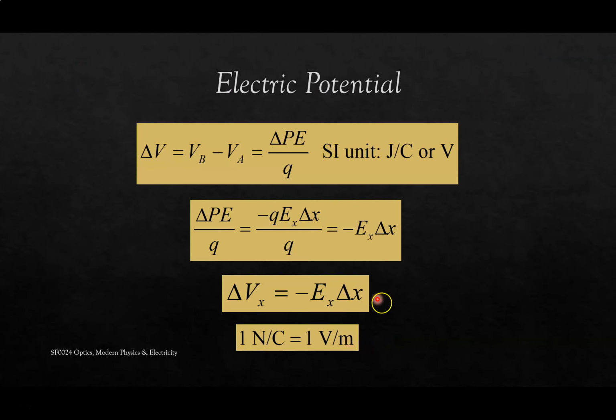Remember, the equation of delta V equals Ex is valid only for a system consisting of a uniform electric field and a charge moving in one dimension only. It means that a positive charge released from rest accelerates spontaneously from regions of high potential.